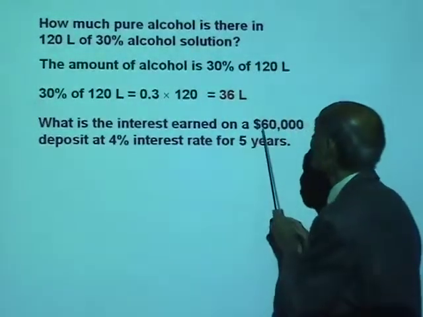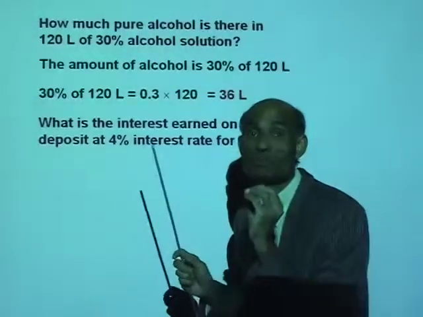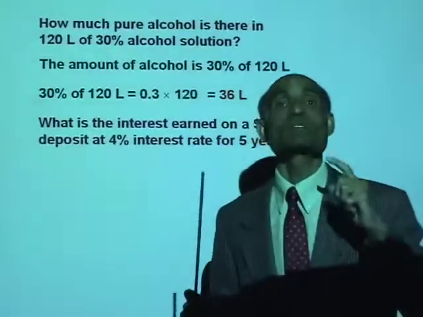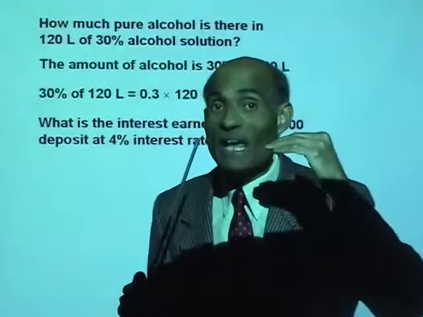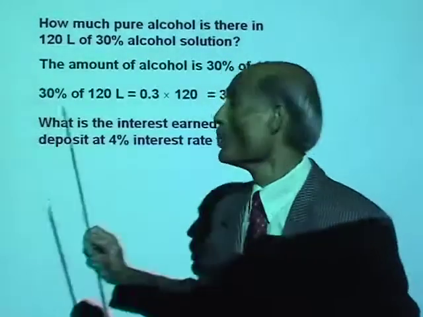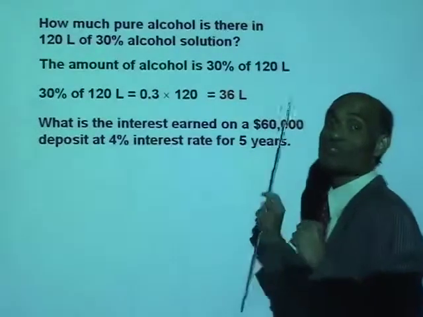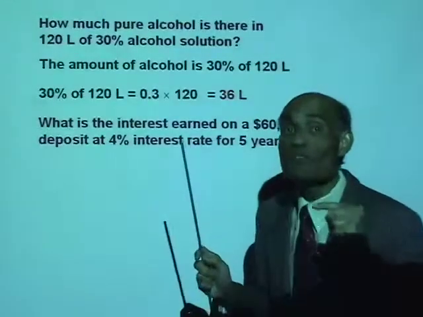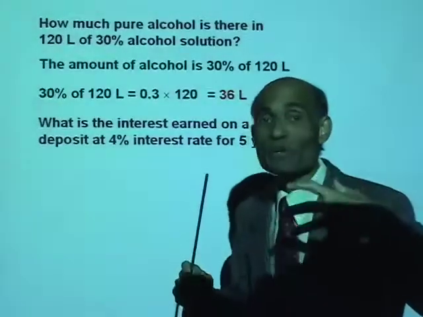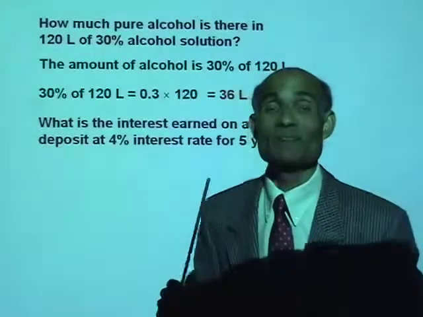You invest $60,000 in the bank, and the bank promises to give you 4% interest. What does it mean? It means at the end of every year, the bank will give you 4% of $60,000 at the end of every year. And if it is done for 5 years, you get 5 times the amount you get each year.